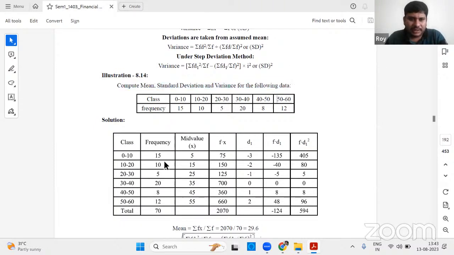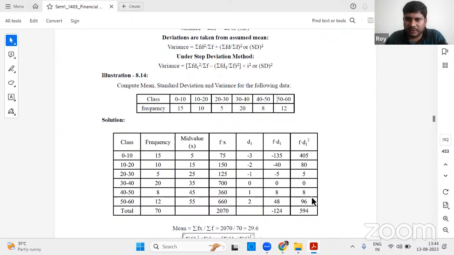You know that calculating the mean is easy. Frequency is 15. Mid value is 5, 15, 25, and so on. We need to calculate the f into x. If you multiply this, you'll get the fx, and we'll get the deviation d1. If you multiply f into deviation d1, we'll get this.